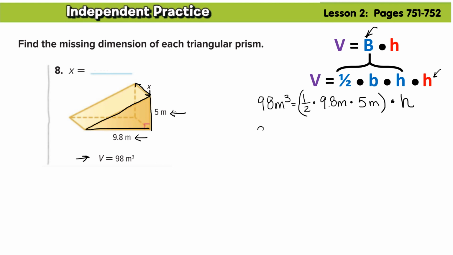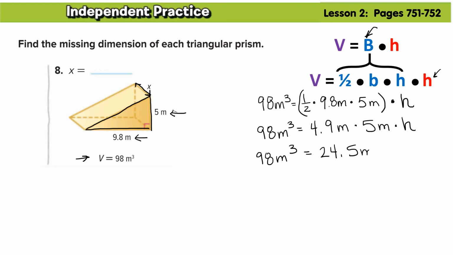All right, so we have 98 meters cubed equals 1/2 of 9.8, which is 4.9 meters, times 5 meters times h. So 98 meters cubed equals 4.9 times 5, which is 24.5 meters squared, times h.